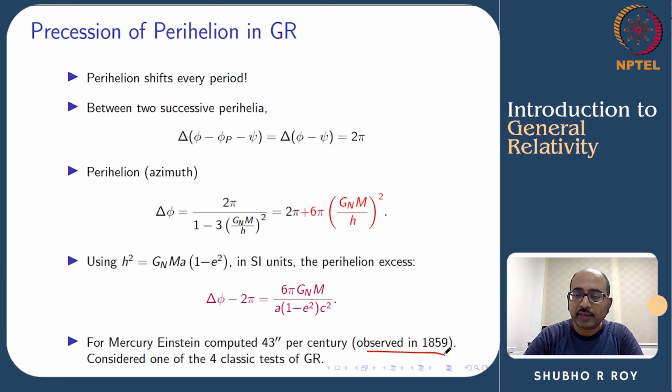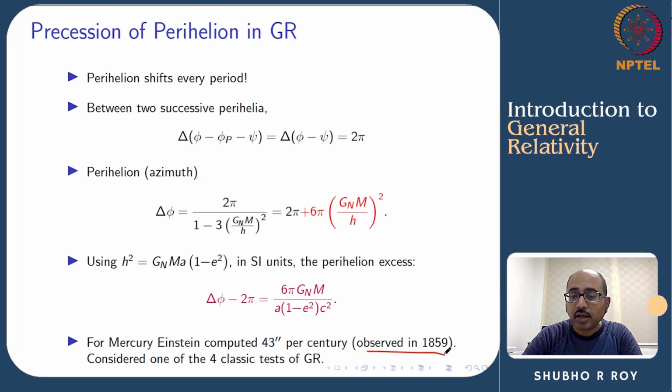The perihelion excess of Mercury had been observed in 1859, and for half a century there was no explanation. Newton's theory could not account for this. People tried very hard, including ideas such as there might be another planet between the Sun and Mercury, which is causing this deviation from the Newtonian or Kepler orbits, but that planet was never found.